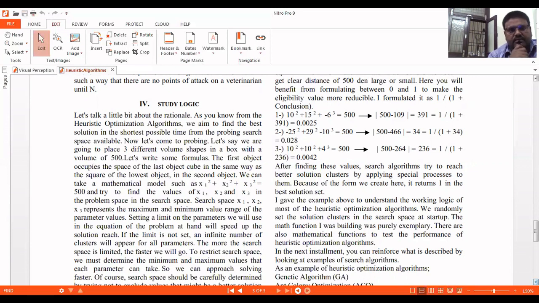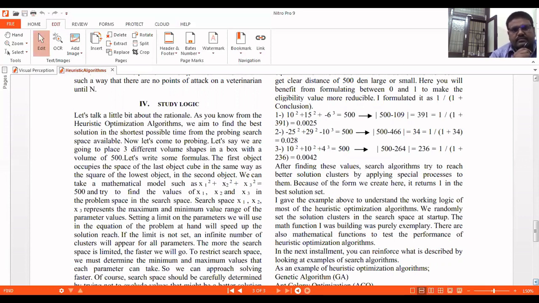The problem space, the search space x1, x2, x3, is represented by a minimum and maximum value range of the parameters. We set random values of these variables and try to find the best possible values in our search space.